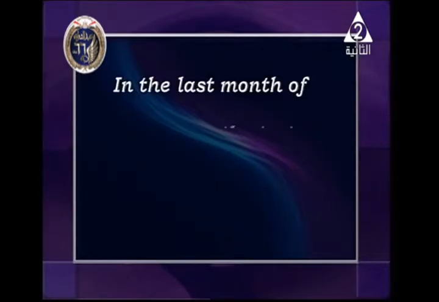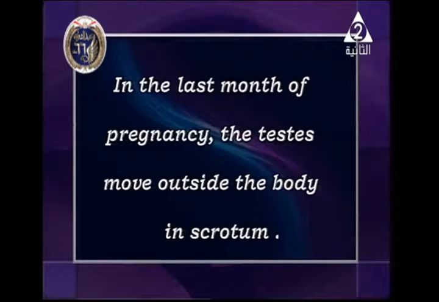And after that, in the last month of pregnancy, okay, we are talking about the male inside his mother's uterus. Well, in the last month of pregnancy, the testes move outside the body into the scrotum or scrotal sac.